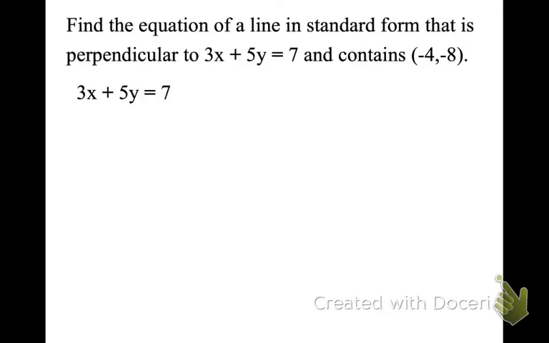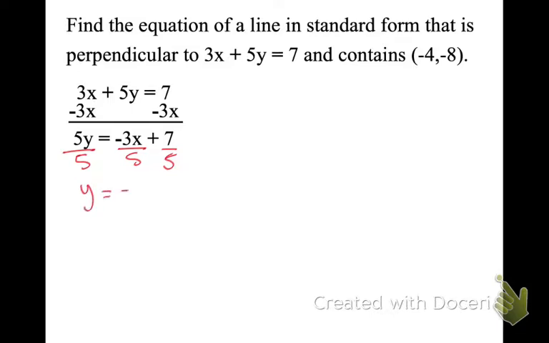Step 1, get y alone. Subtract 3x from both sides, divide all terms by 5. So I get y equals, remember I usually show my division like this, so you guys remember to do everything, and we get y equals -3/5x plus 7/5.